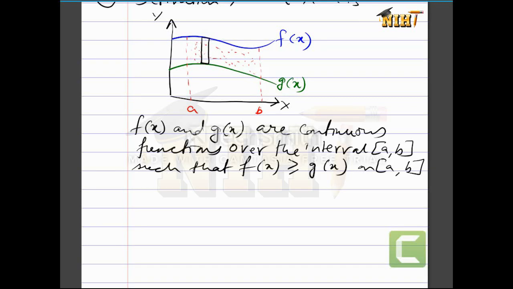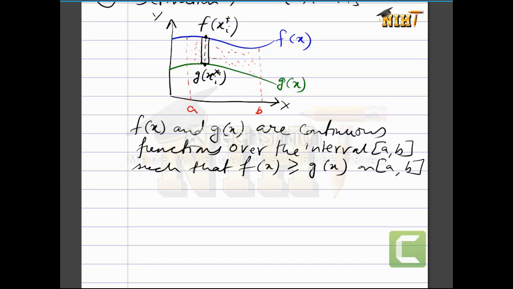This dashed black line passes through the middle of this thin strip and intersects the upper and lower function at 2 points, such that the point of intersection of this dashed line on the upper function is called f of x star i, and the bottom point is labeled as g of x star i.